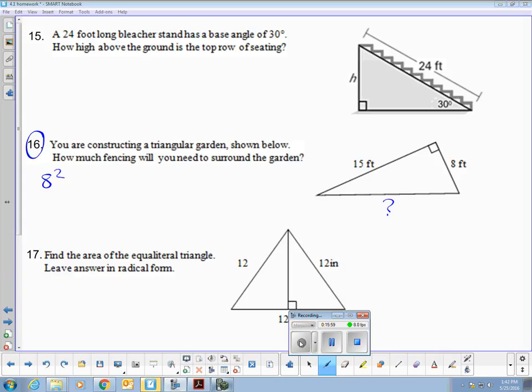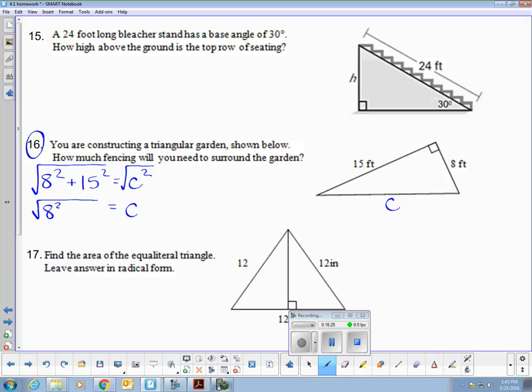So the question is, 8 squared plus 15 squared is equal to c squared. So I know that I'm missing the hypotenuse in this right triangle. The hypotenuse is the longest side. That's my value for c. So I'm going to take the square root to find my value of c.